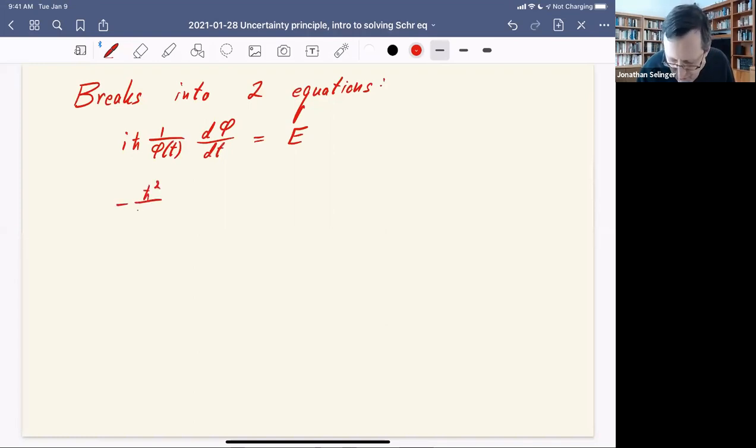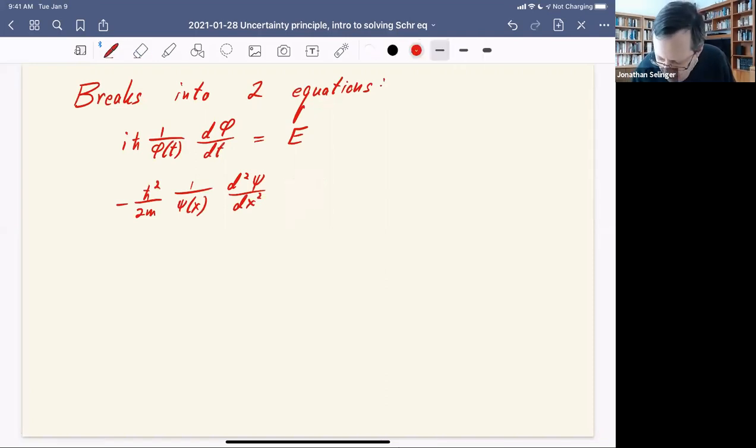and the x equation is minus h bar squared over 2m, 1 over psi of x, the second derivative of psi with respect to x, oh, whoops, I forgot the potential energy.